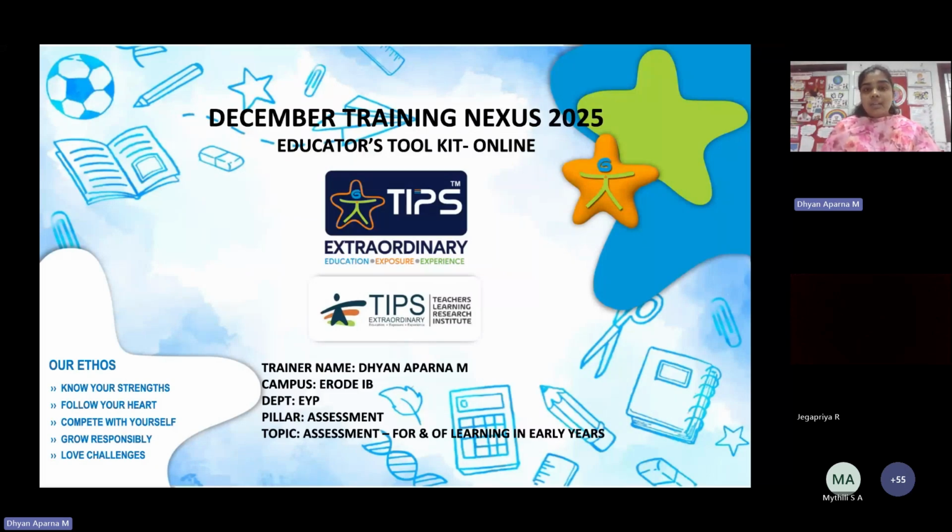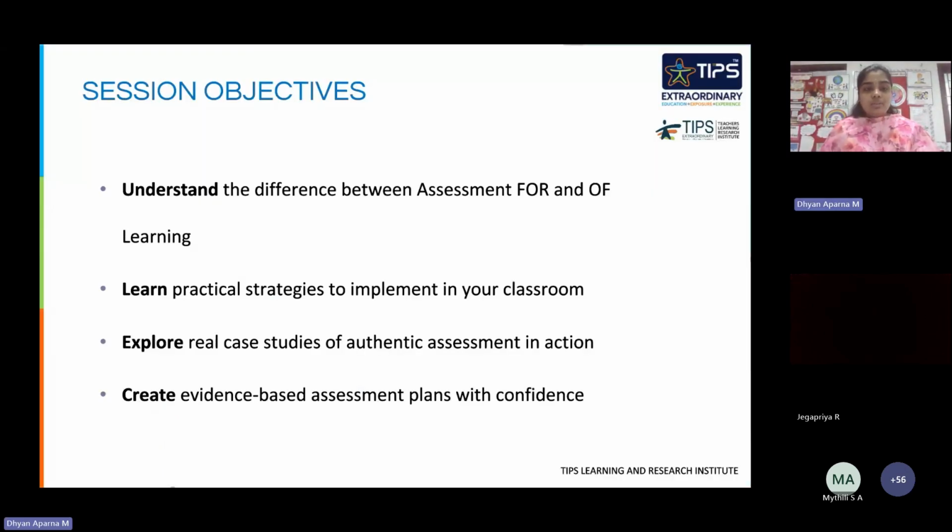In today's session, we will explore how assessment is something that we do with the children and not to the children. Now let's take a moment to look at the takeaways for you. By the end of the session, you will get a clear understanding of the difference between assessment for and of learning.